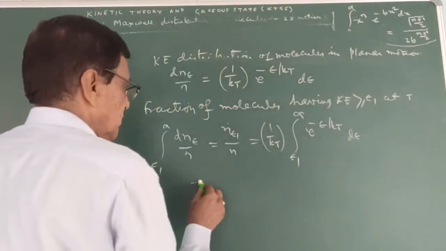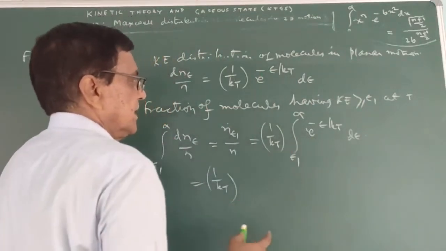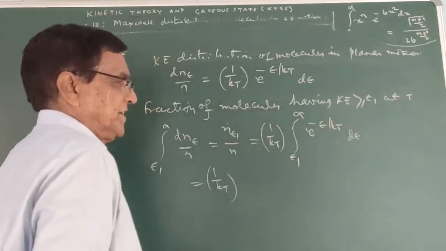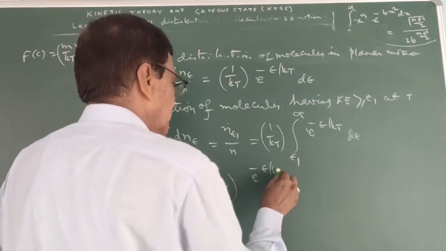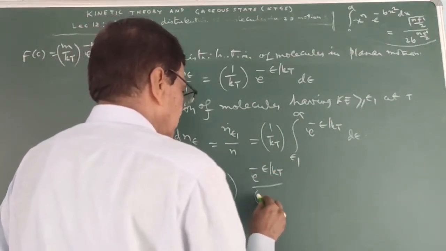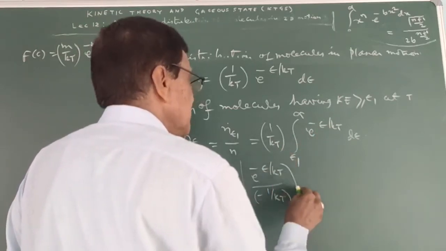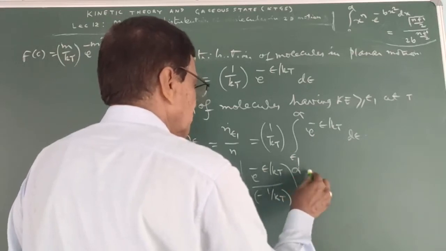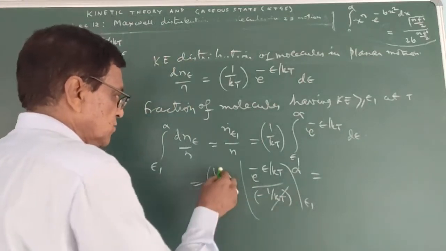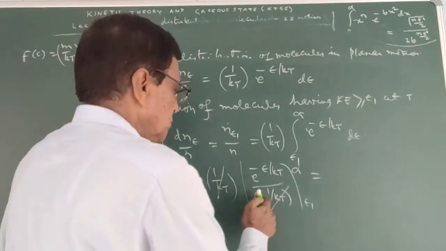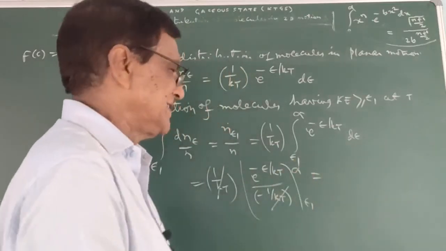So this one is equal to 1 by kT, and whenever this is integrated, we get e to the power minus epsilon by kT divided by minus 1 by kT, and the range is epsilon 1 to infinity. So this 1 by kT and this 1 by kT will cancel, and if you omit this minus, then the limits will be changed upside down.